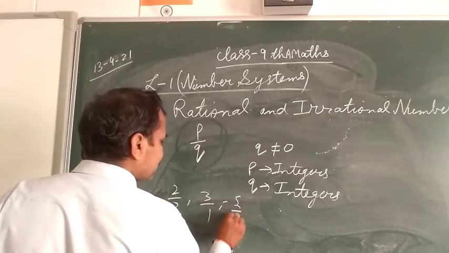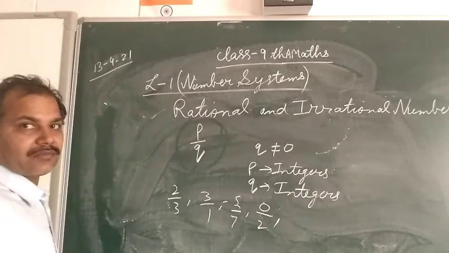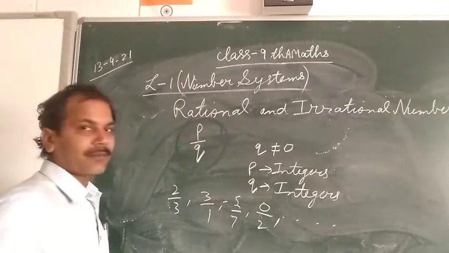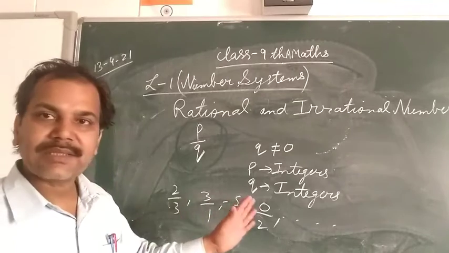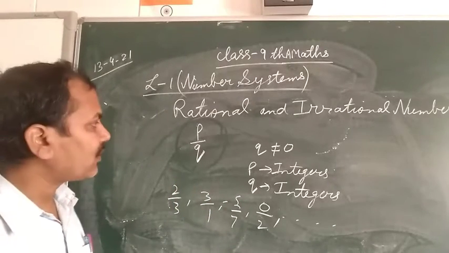Minus 5 by 7, 0, and 0 we can also write as 0 by 2 or 0 by 3. These are rational numbers, and their representation on the number line you have studied in previous classes.